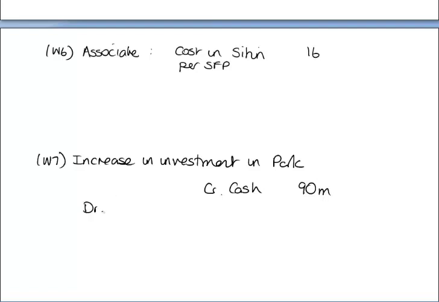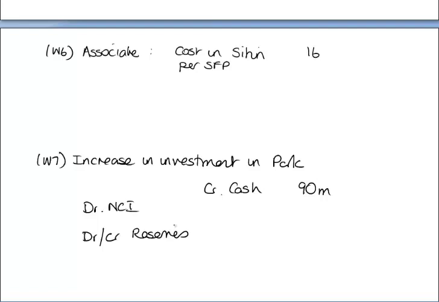I know that the other entries are debit the NCI and debit or credit reserves, and we'll come back to that later.